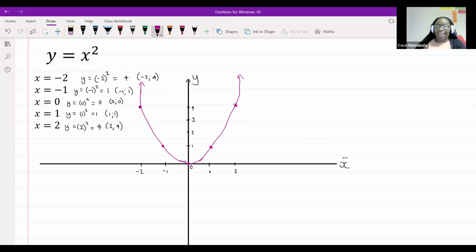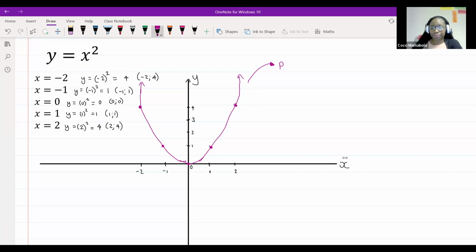Okay. And this graph is called a what? What graph do we know this to be called? It's called a what? It's not a quadratic. I'll give you guys a hint. It starts with a P. Para something something.